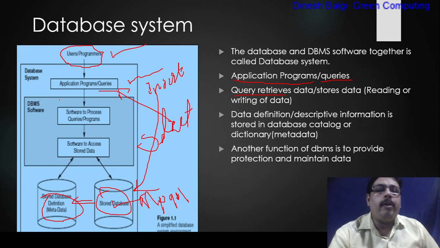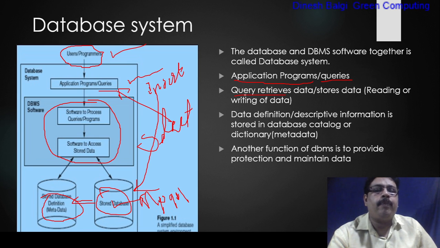Now let us understand what a database system, or database software, is. This database software is responsible for inserting records, deleting records, updating records, whatever we call queries, or even creation of tables. In the diagram, database software means software to process queries and programs. Most of the queries and programs are processed through this DBMS software.